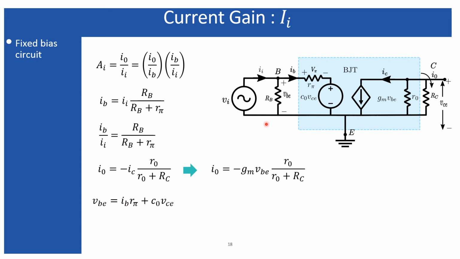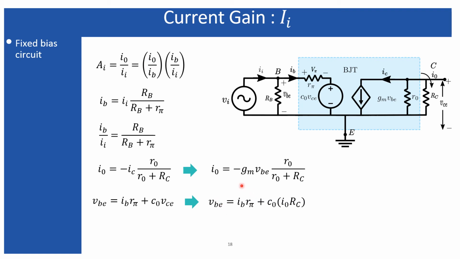Again, if you apply KVL within the input loop as I have applied in my last slide, you will get this expression. And finally, in this expression, what is VCE? VCE is nothing but this I naught times this RC. So I am replacing this VCE over here. Because what is our purpose here? Our purpose is to find this ratio I naught to IB.